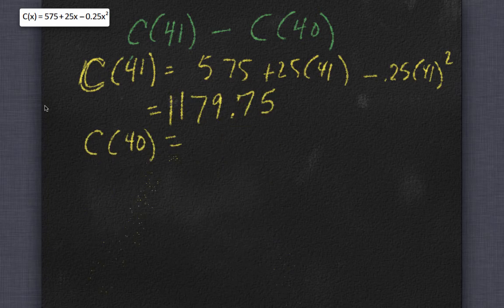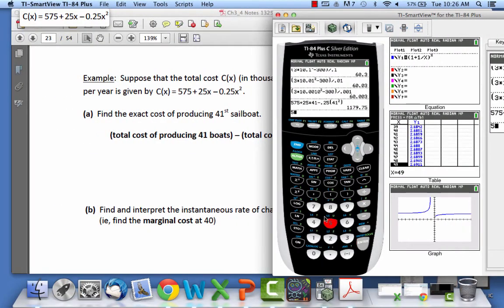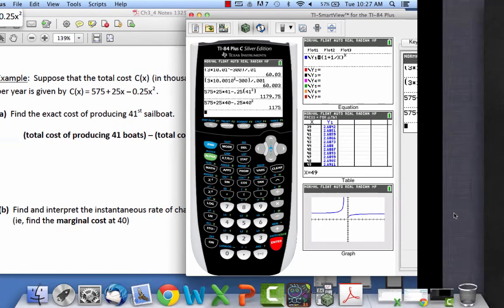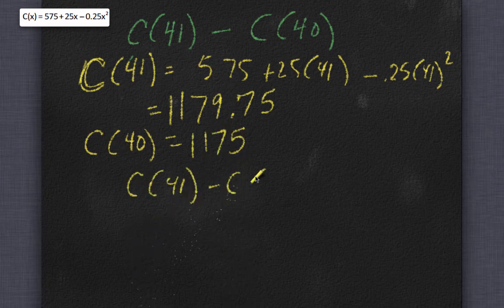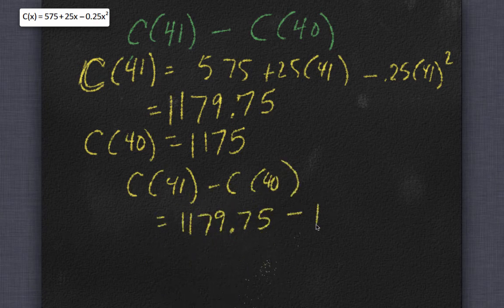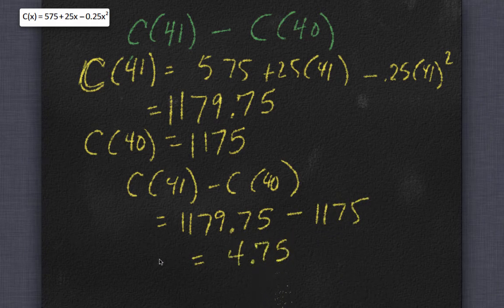Cost of making 40 boats is $1175. So the difference is 1179.75 minus 1175, which is $4.75.